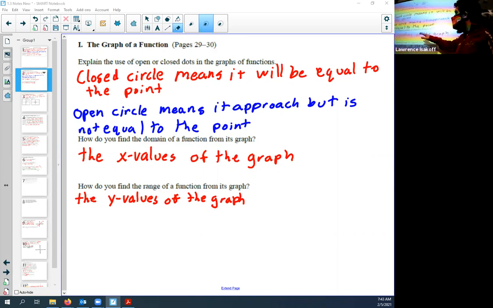So the domain is all our x values. Oftentimes, this will be all real numbers, but sometimes it's not. We just have to look at it. The range are the possible y values. Now, the y values can vary quite more than just usually defaulting to all real numbers.